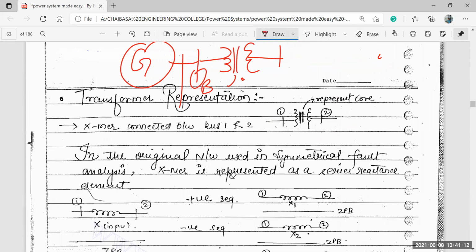So it's a transformer, and it is connected between 1 and 2. This is a representation of your transformer.